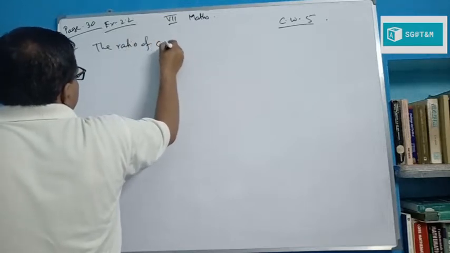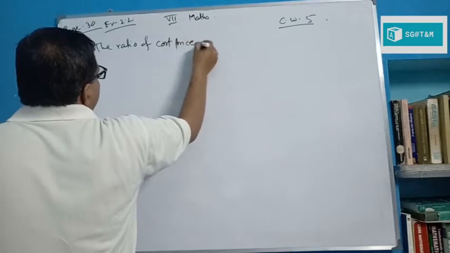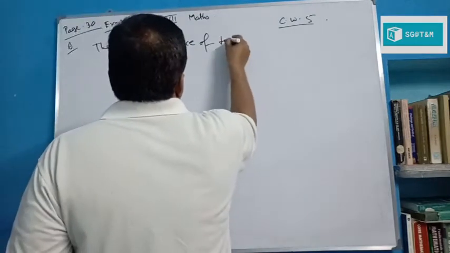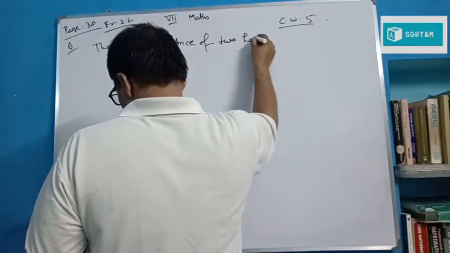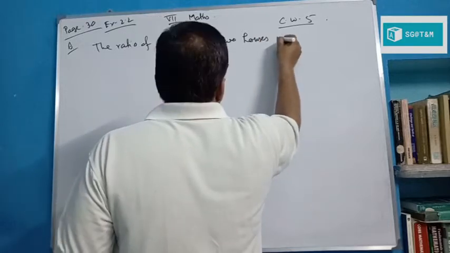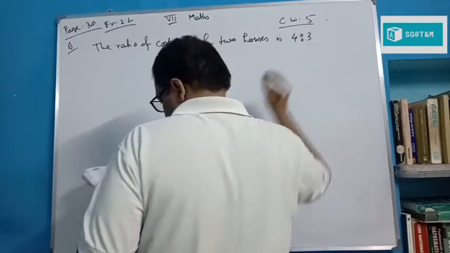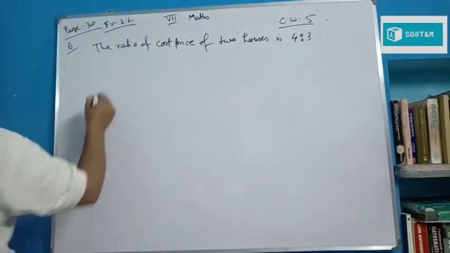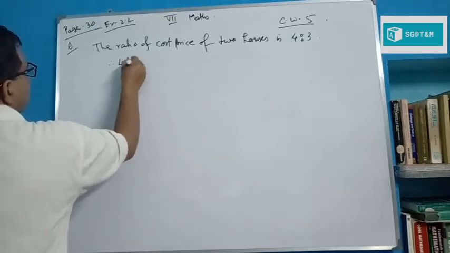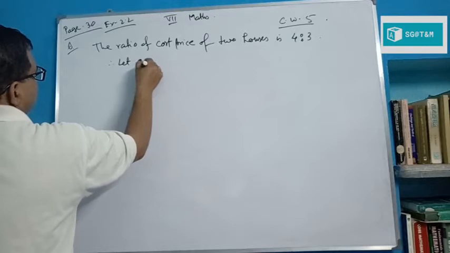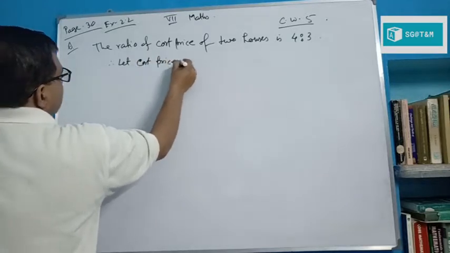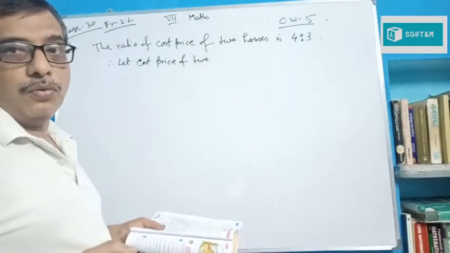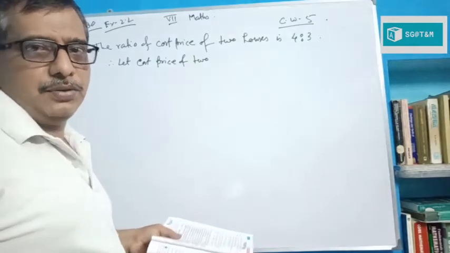The ratio of the cost price of two houses is 4 is to 3. Therefore, let the cost price of the two houses, in this case we use algebra, then it is very easy to calculate.